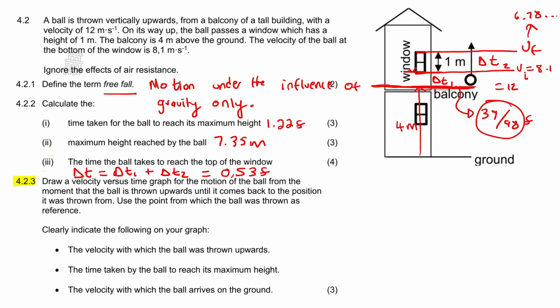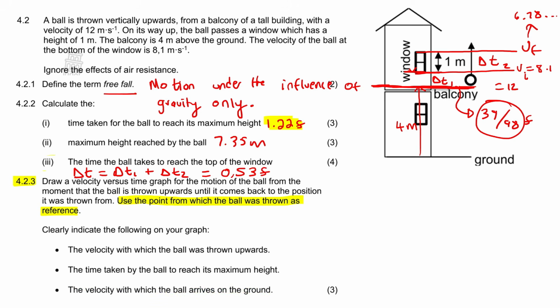It says, draw a velocity versus time graph for the motion of the ball from the moment that it is thrown upwards until it comes back to the position it was thrown from. Use the point from which the ball was thrown as the reference. Clearly indicate the following on your graph: the velocity with which the ball was thrown upwards, the time taken by the ball to reach its maximum height, which was this value here, and then the velocity with which the ball arrives on the ground.